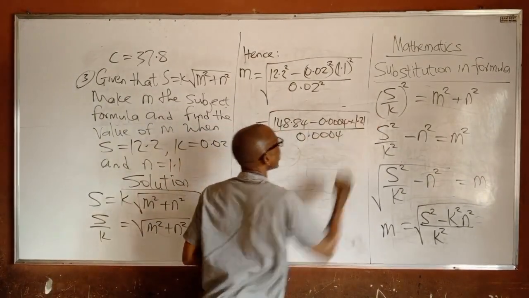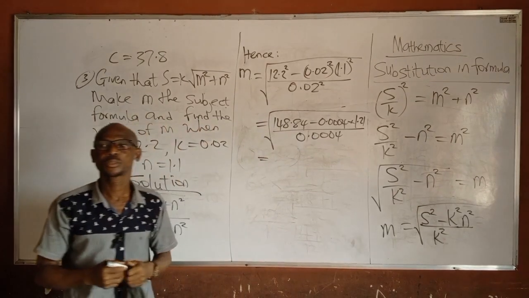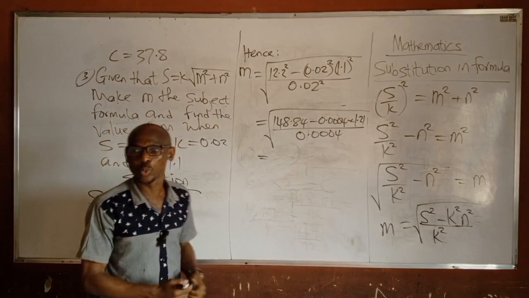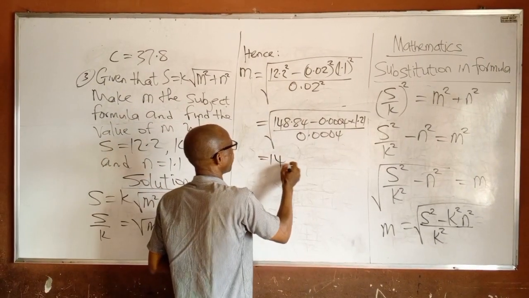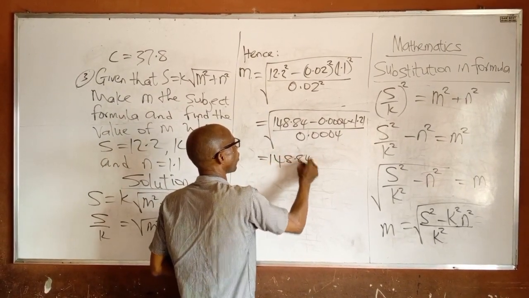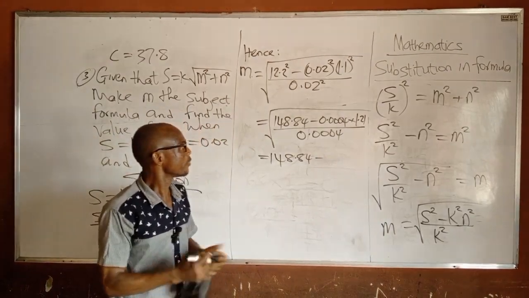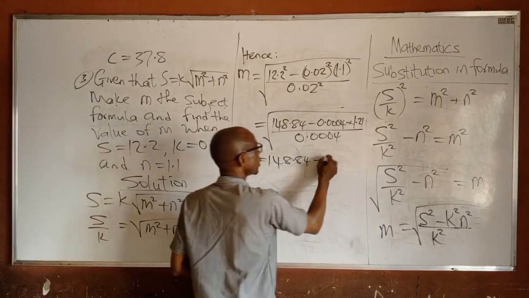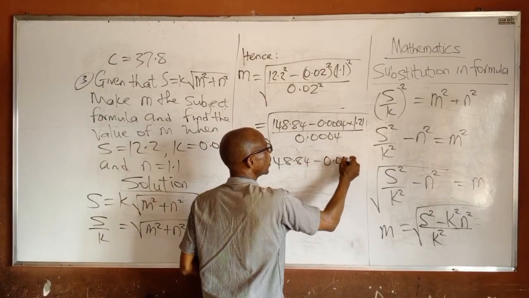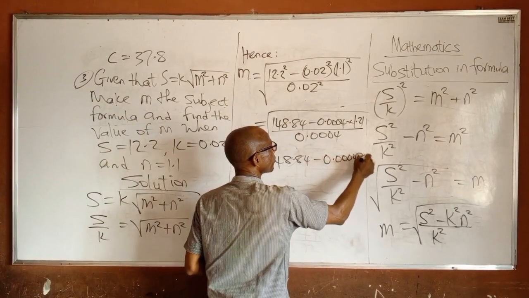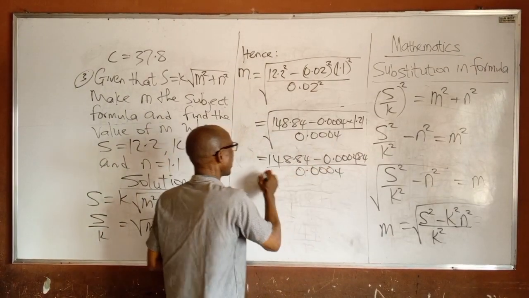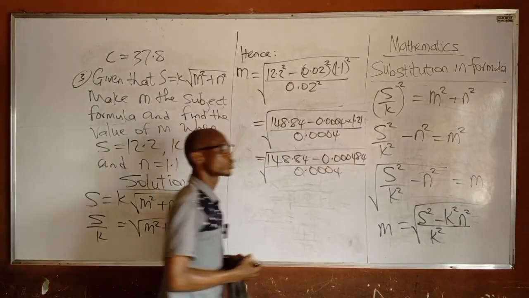All will now be in square root. So evaluate that value. When we multiply these values, we have 148.84 minus, if we evaluate this value, we are going to get 0.000484 all over 0.0004, all in the root form.